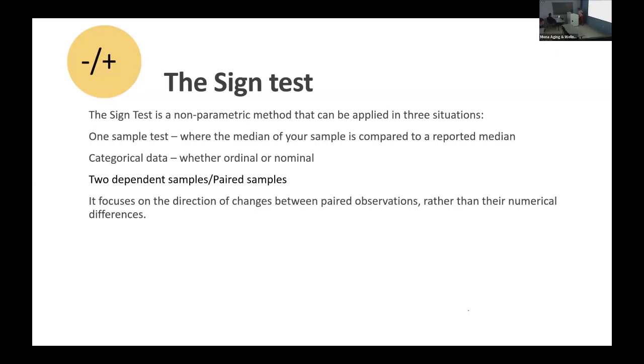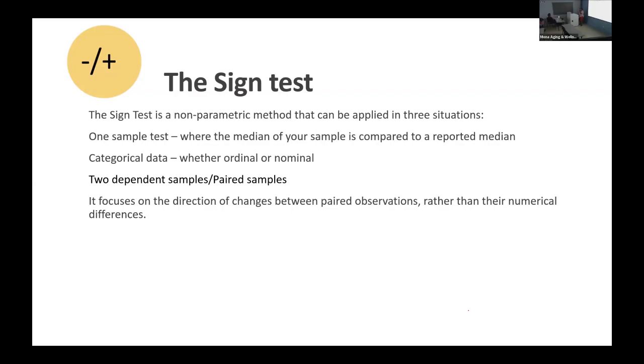The sign test is one of the non-parametric methods, the non-parametric analog for the paired t-test. The sign test can be applied in 3 situations. So yes, it is used for 2 dependent samples, but it can also be applied in other situations. You can use it if you're doing a 1 sample test.